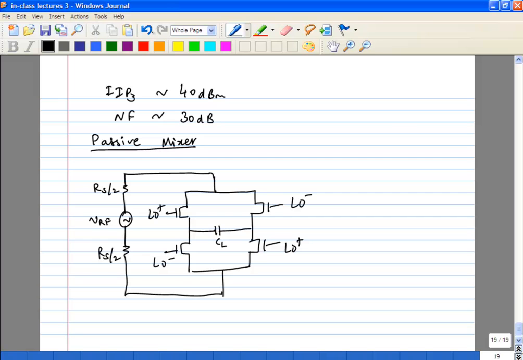If you look at the first half cycle, this switch is conducting and this switch is conducting. What is Vout? This one conducts, you get plus VRF here, minus VRF here.